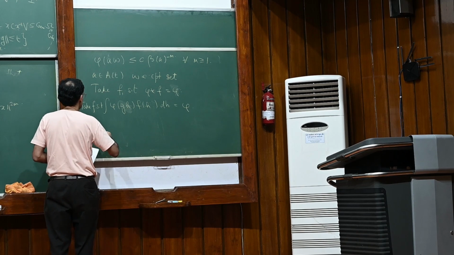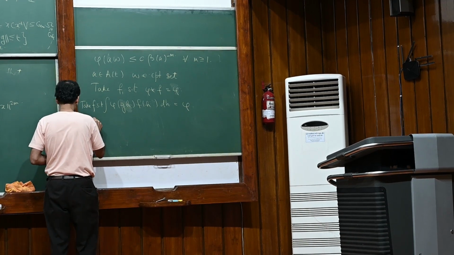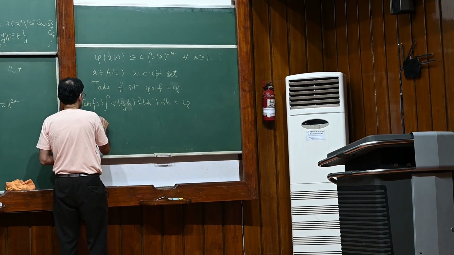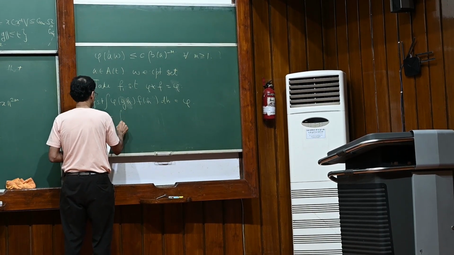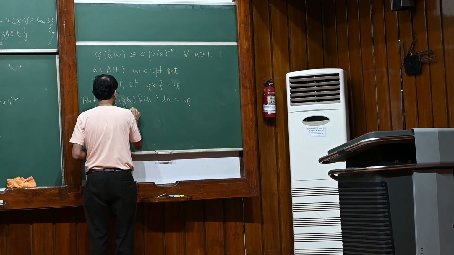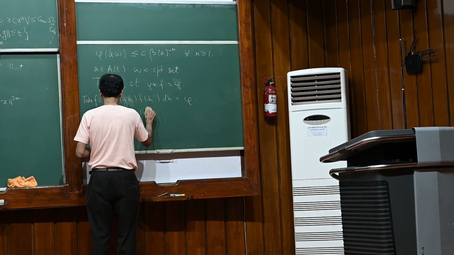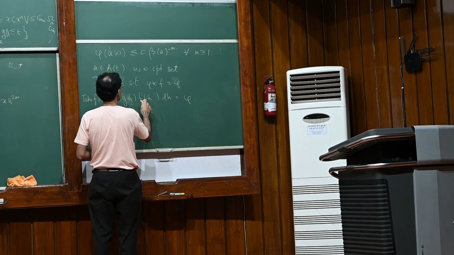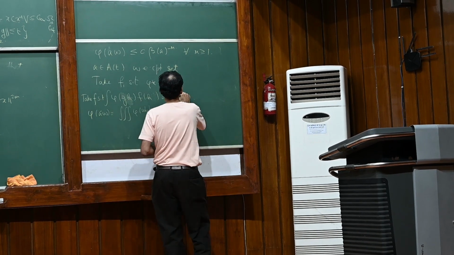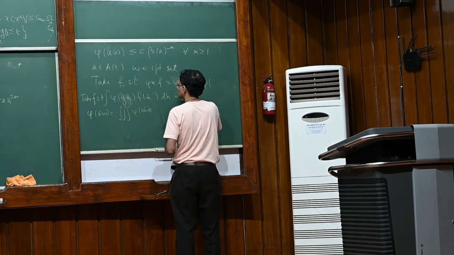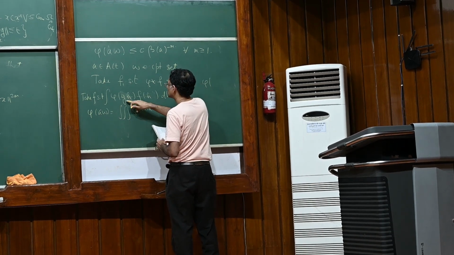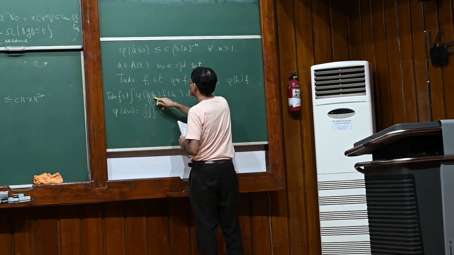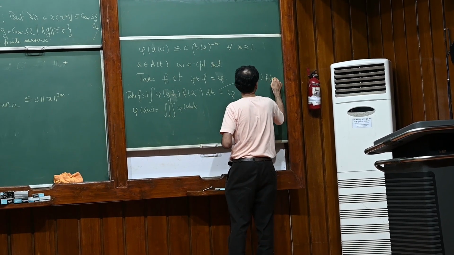So I will write my phi of a omega as many integrals using the Iwasawa decomposition. Instead of writing it like this, I'm going to write it as the integral of phi of h, f of g inverse h.